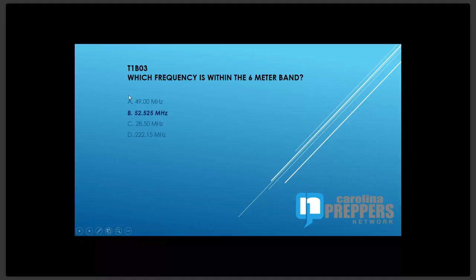Now, you could sit here and say, well, 49 is just as close to 50 as 52.525. And if you were experienced enough, you would know that 49 megahertz is not in the 6 meter band. But you don't know that quite yet, and that's absolutely okay. But just remember, when you're given a band, divide 300 by that number.